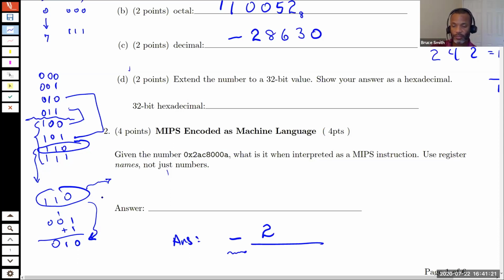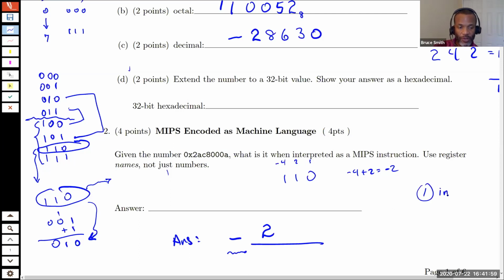Given that we have 1, 1, 0, and we know that it's negative, what you can do, and this is always going to work, is make that most significant value negative and then add everything else up as positive values. So this becomes -4 plus 2, which gives you a -2.